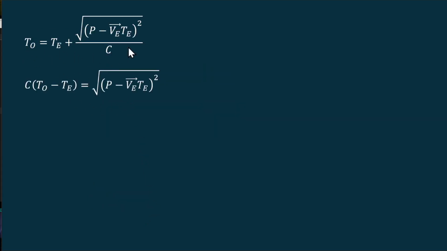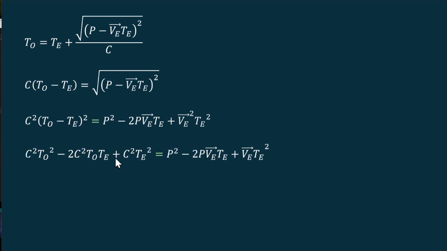And we can multiply both sides by c and move the TE over. So we get TO minus TE times c. And then we'll square both sides to get rid of the radical and expand this term in here, because we need to take these TE terms, the time of emission, and move it over to the left.